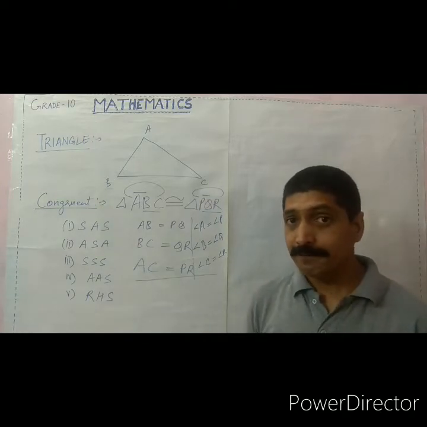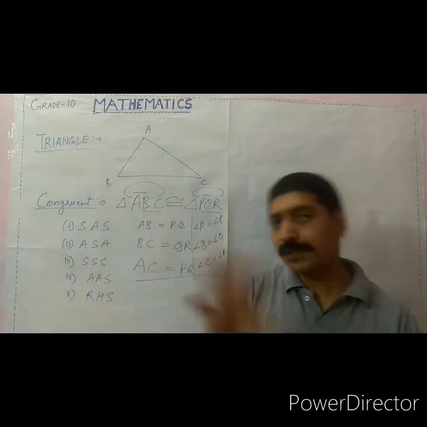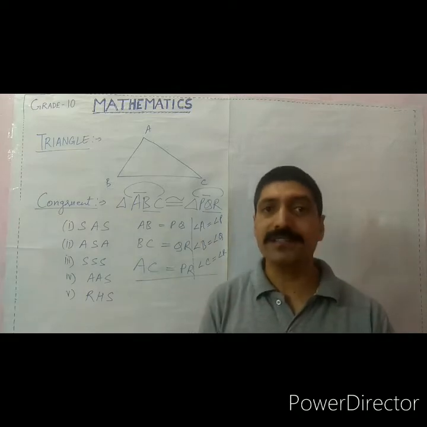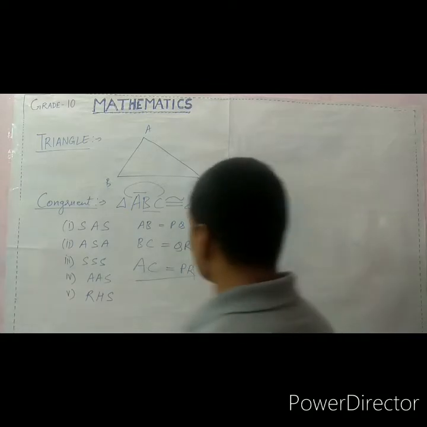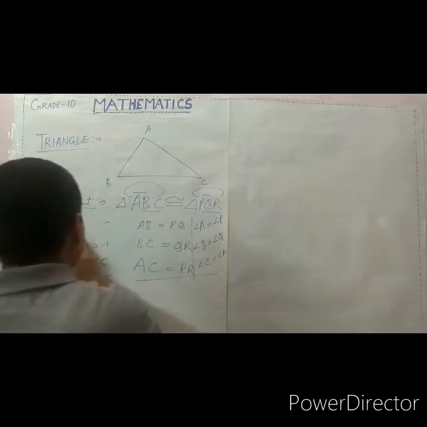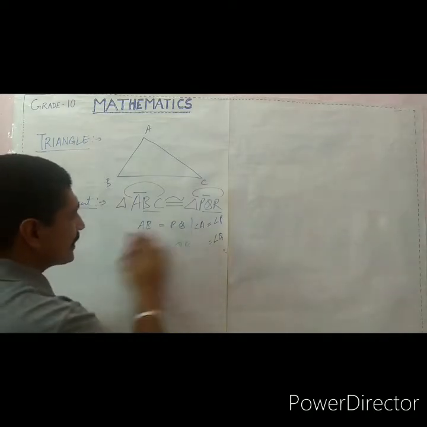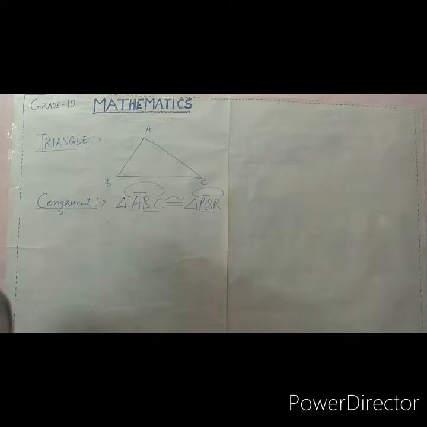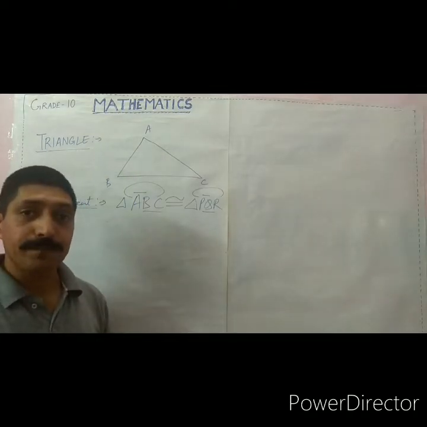Now in grade 10 we are talking about similarity. So what is the difference between congruent figures and similar figures? As we know, in congruent figures, corresponding sides and angles are the same.